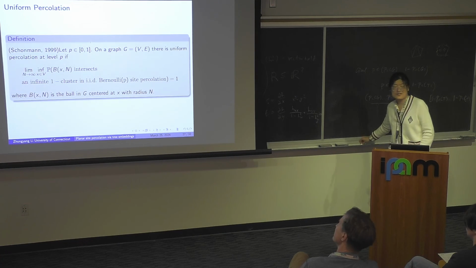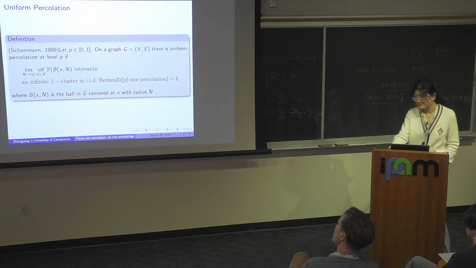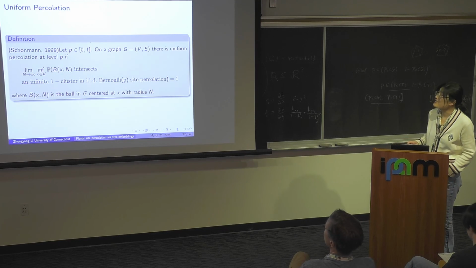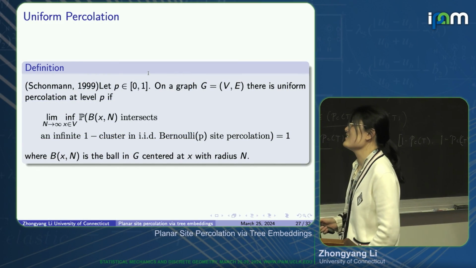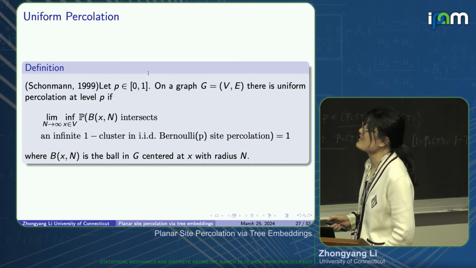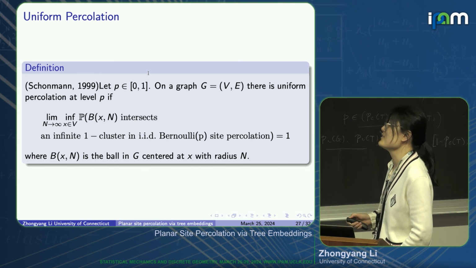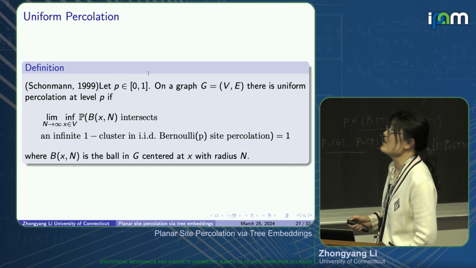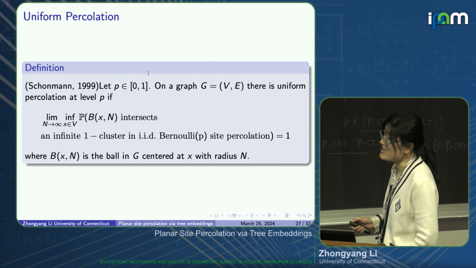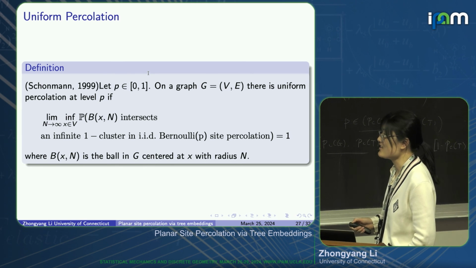Basically, uniform percolation means that if P is above PC, we consider any vertex and a ball around that vertex with a certain radius, and then we let that radius go to infinity; eventually that ball will intersect an infinite cluster.